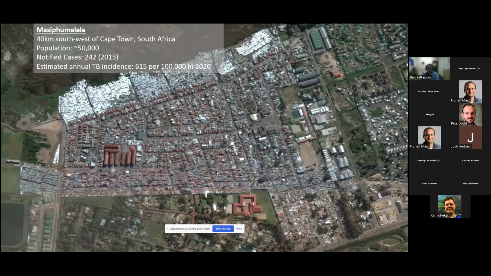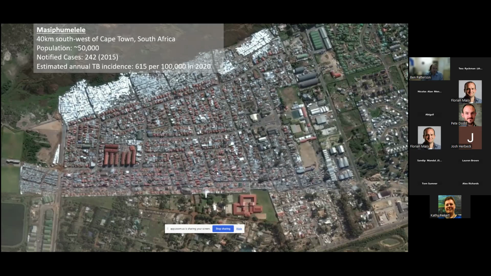The studies that I'm going to talk about were performed in this informal settlement called Masiphumelele, which is a peri-urban area outside of Cape Town. You can see it's not particularly large, actually, but it's quite a well-characterized population. In the Western Cape, there is a very high estimated annual TB incidence in 2020 of 615 per 100,000.